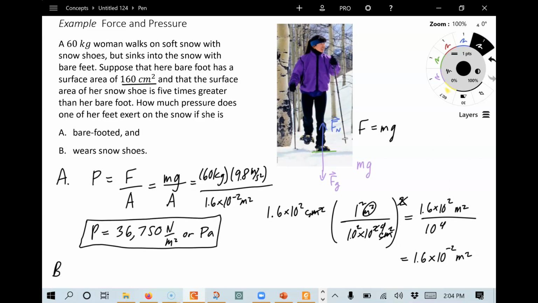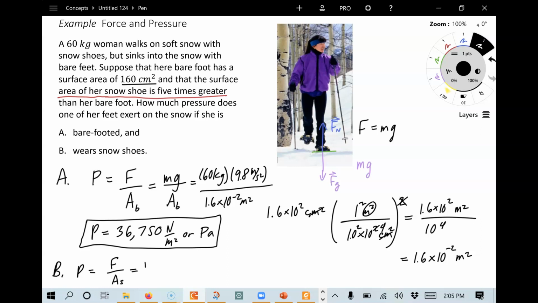Now for part B, we're going to put the snowshoes on. Importantly, it says the area for her snowshoe is 5 times greater than her barefoot. So basically we're going to have the same force applied, but now it's spread over a larger area, which is going to reduce the pressure. So for part B, I should call the earlier one barefoot, and this should be the same force divided by the area of the foot with a snowshoe on it.